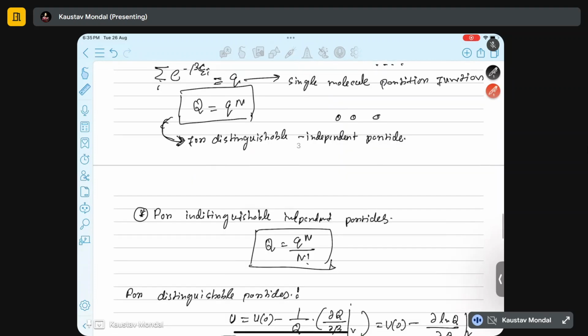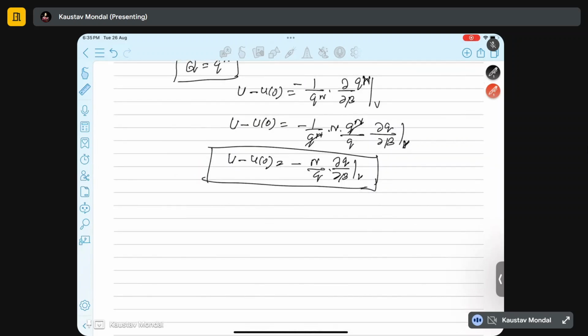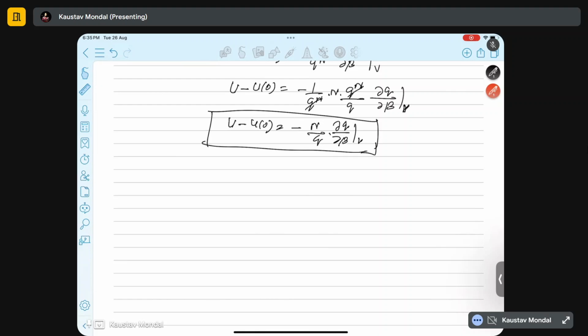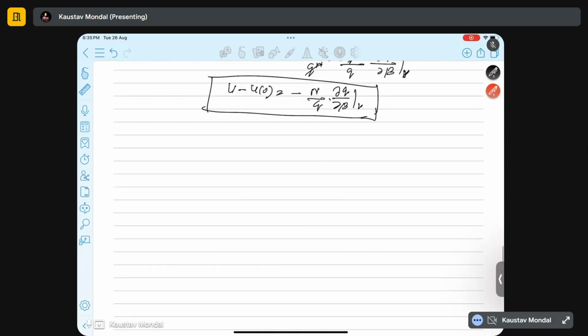Now for the next case, we will extend this approach to indistinguishable particles and see whether the expression of the internal energy changes. For indistinguishable particles, the capital Q would be simply q to the power N by N factorial, right?